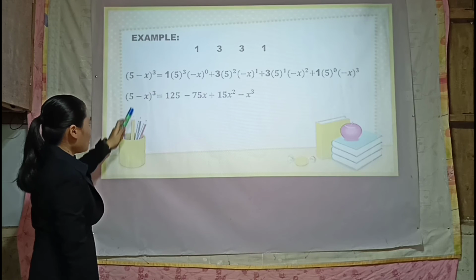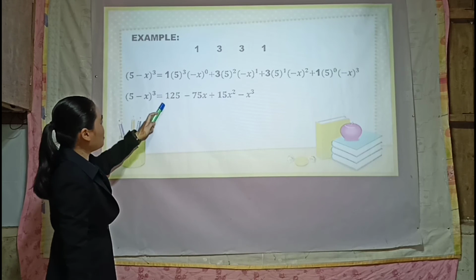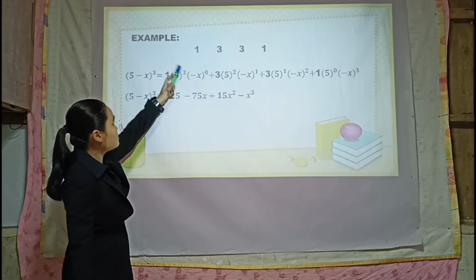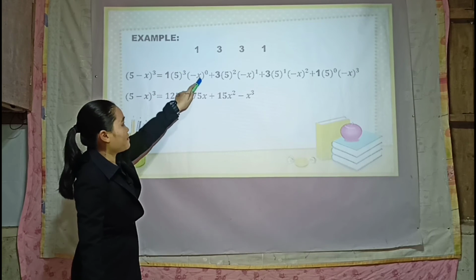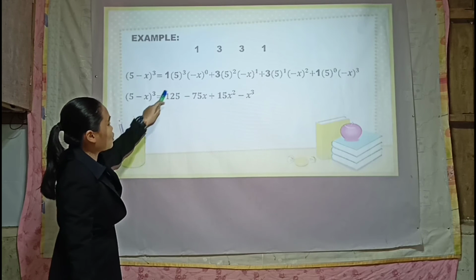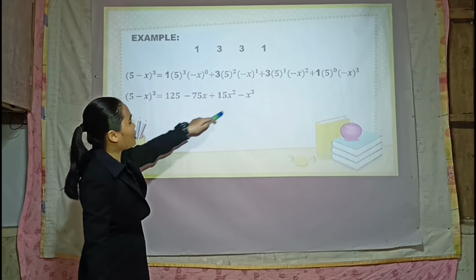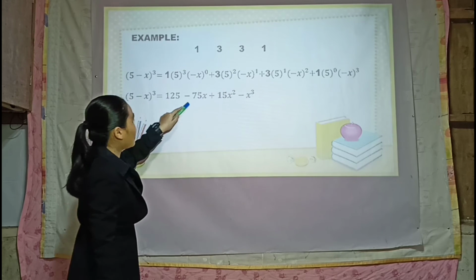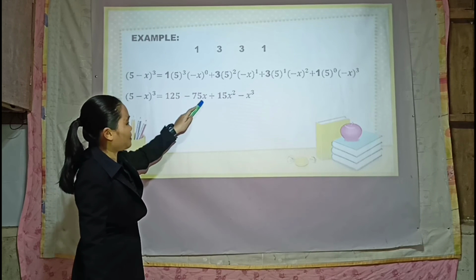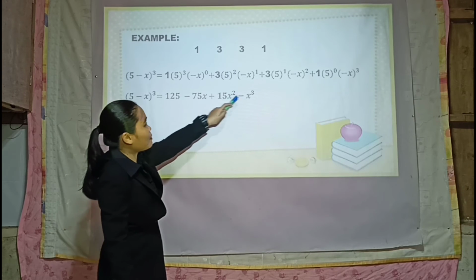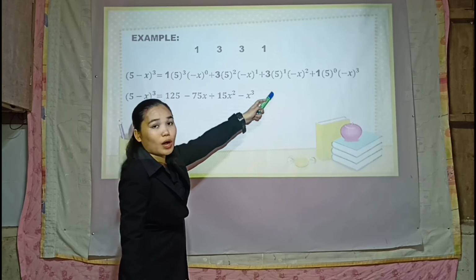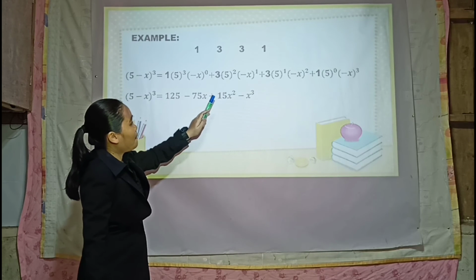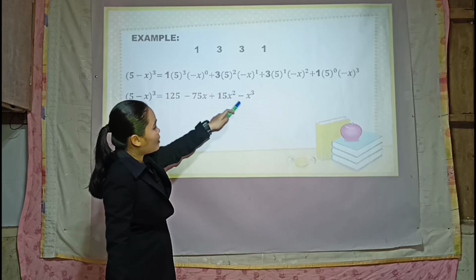We have 5 minus x cubed is equal to 125 because 1 times 5 cubed times negative x raised to 0, the answer is 125. Minus the product of 3 times 5 squared times negative x raised to 1, the answer is negative 75x. Plus the product of 3 times 5 raised to 1 times negative x squared, so the answer is positive 15x squared.